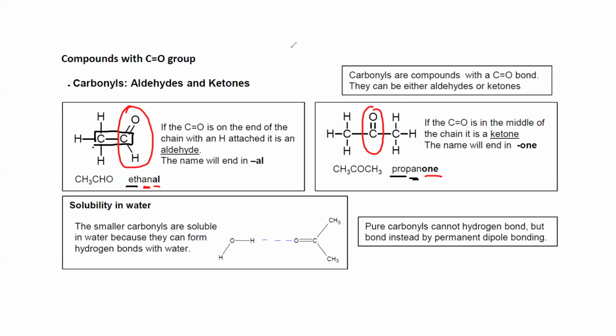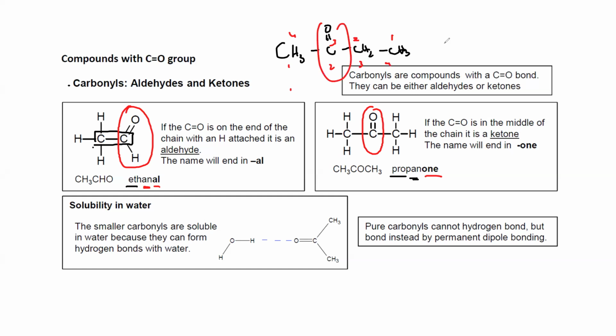When the C double bonded with O group is present at the center, we don't number. But what if we had CH3, C double bonded with O, CH2, and then CH3? In that case, we have to position the carbonyl group as well. If I position from the right hand side, it will be 3. But if I position from the left hand side, it will be 2.